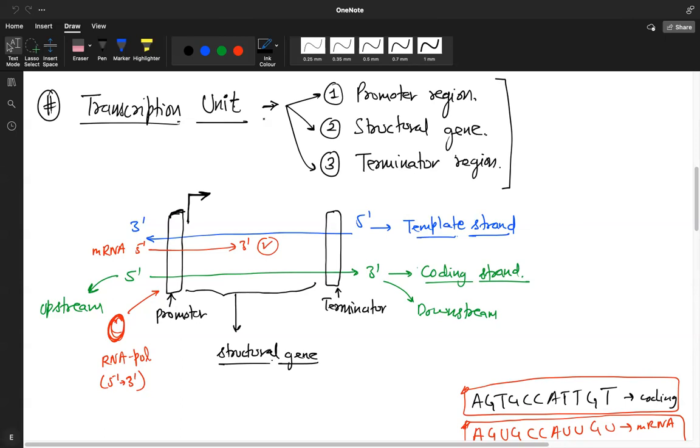One, it has to start from promoter, go through the structural gene and end at terminator. Second, it has to do it in 5' to 3' direction. So automatically the strand which is in 3' to 5' from promoter to terminator becomes the template strand. Make sense? Yes, sir.